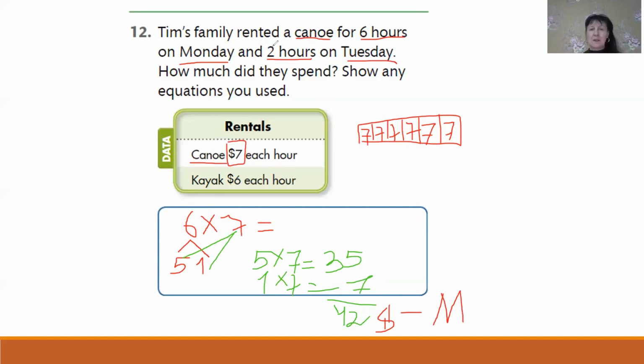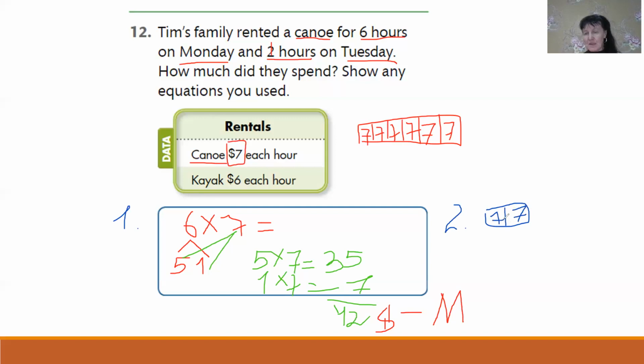Now, next we are reading about 2 hours on Tuesday. So we write equation number 2. This was our equation number 1. I used a lot of space. Equation number 2 is going to be 2 hours, paid $7 and $7.